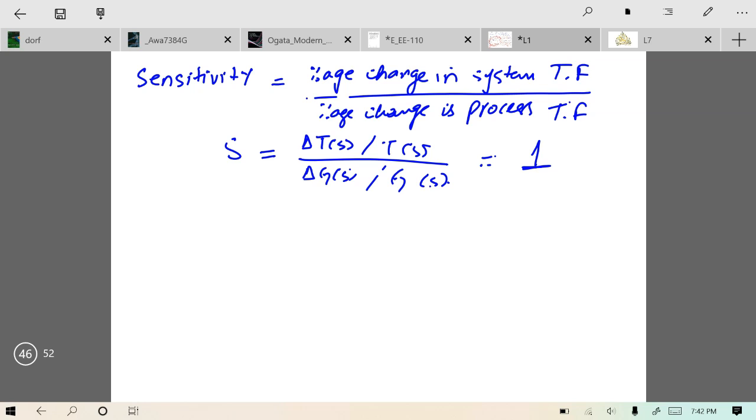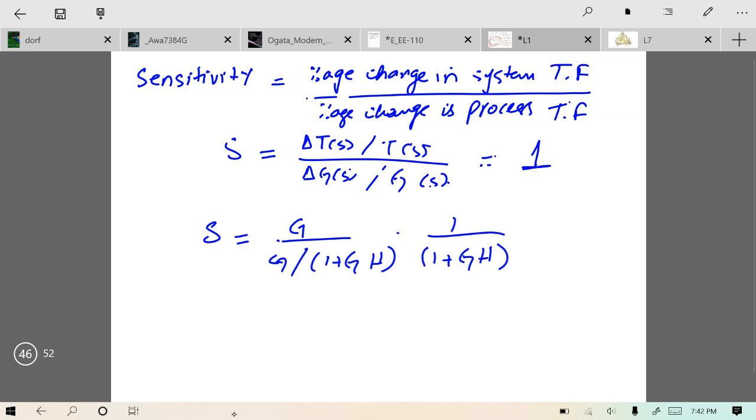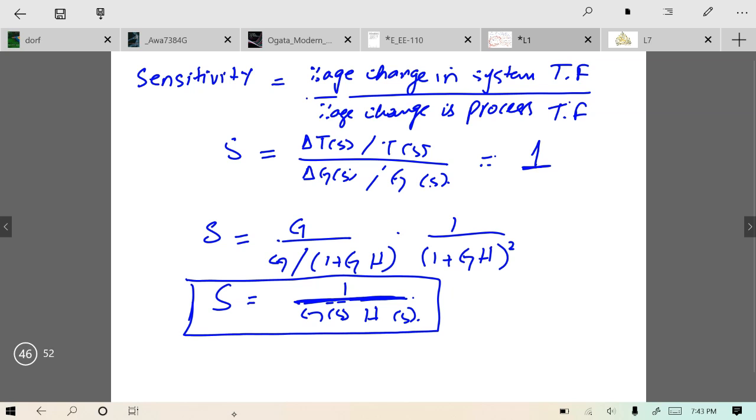However, in a closed loop system, you can calculate the sensitivity as 1 over (1 plus G into H) whole squared, and you can have 1 over G(s) into H(s). So for the sensitivity of a control system, you find the overall transfer function of the closed loop system, change it a bit into a delta T(s), and by calculating you will get the sensitivity of a closed loop system as 1 over G(s) into H(s), which is obviously lesser than the sensitivity of an open loop system.